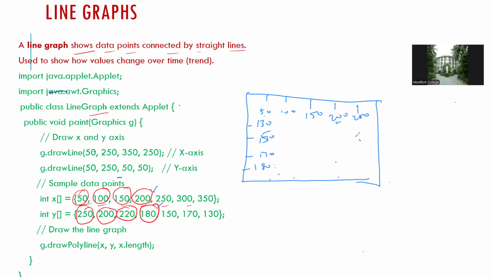Here we go. And 300, 170. That axis we don't have here, so we will assume this is 300 and 170. Now 350 and 130 we don't have here, so no drawing. If I plot a line, I'll get a line like this. This is a line graph. All right, we'll move on to the next one.